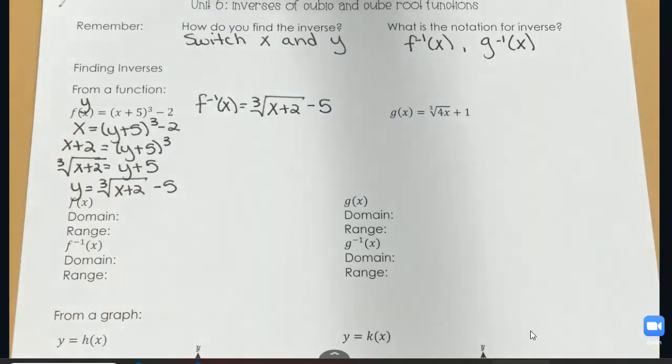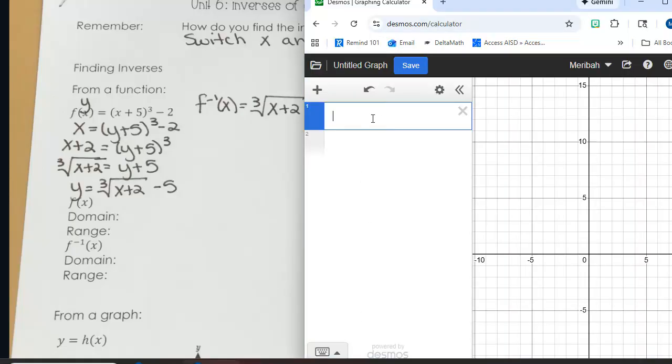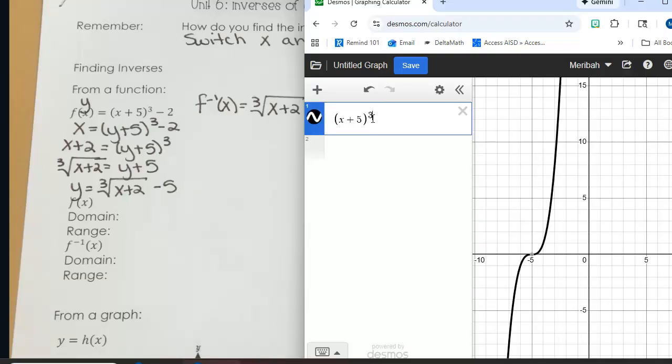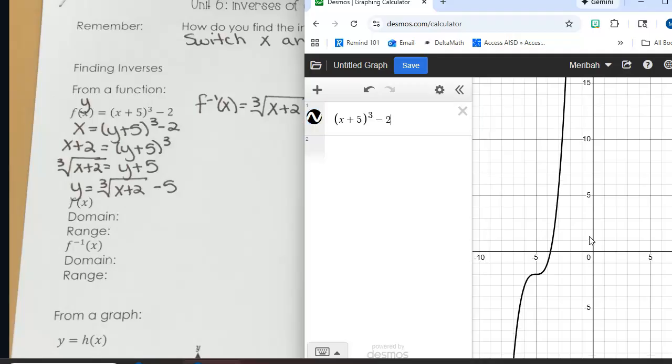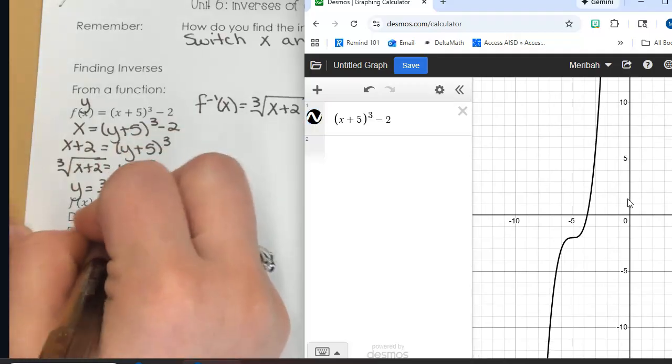Now let's think about domain and range here again. I'm going to pull up Desmos. For our original function, we had all real numbers for both our domain and our range.